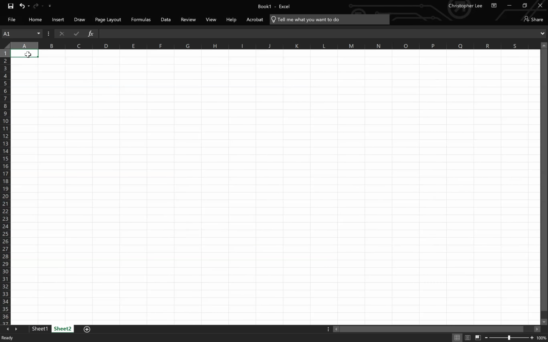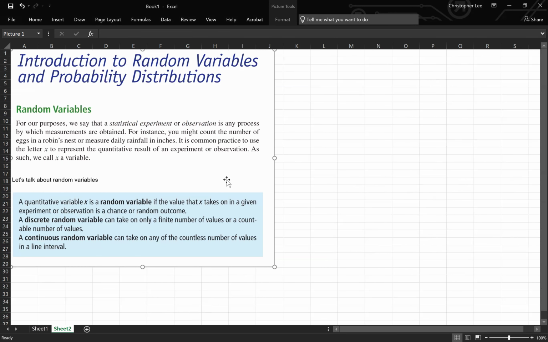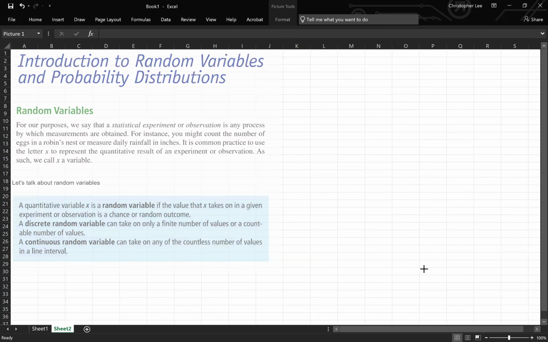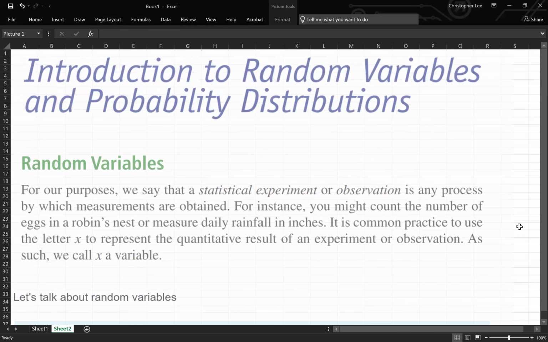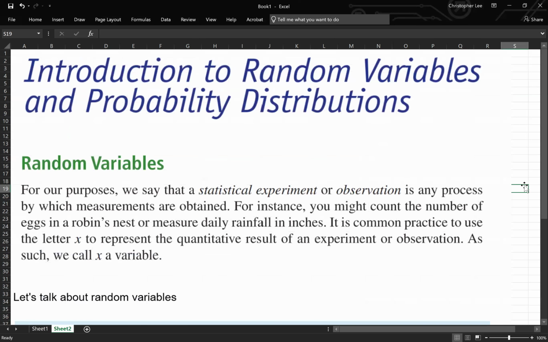All right, let's look at what we're looking at now. So we're going to be talking about an introduction to random variables and probability distributions. This is going to be really, really cool. All right. So, random variables, for our purpose, will say that a statistical experiment or observation is any process by which measurements are obtained.